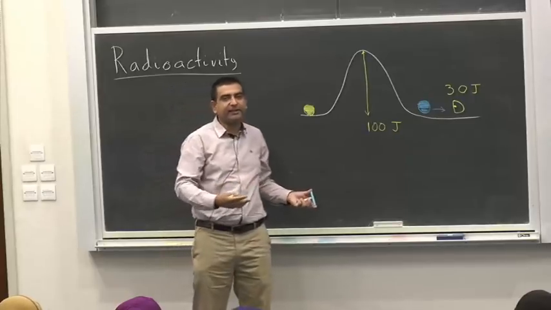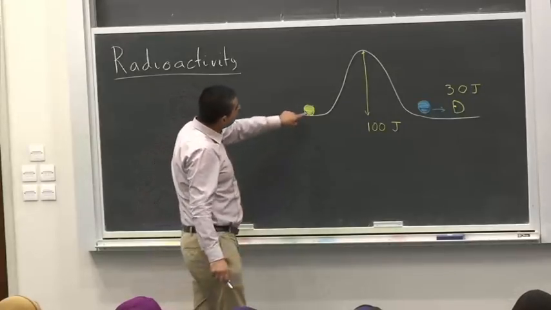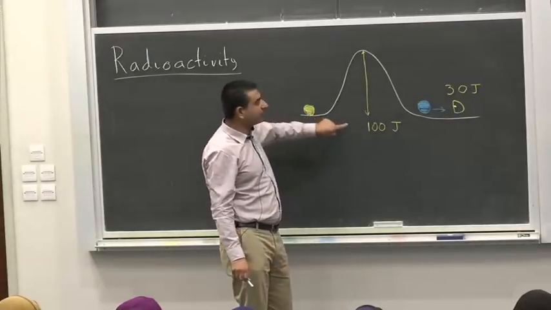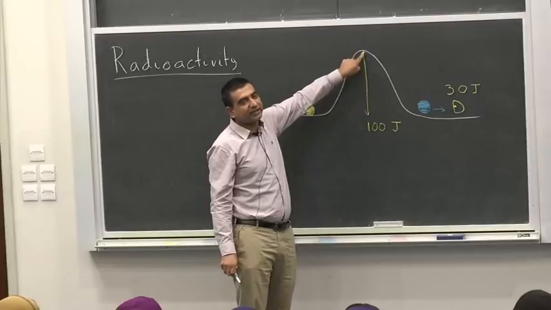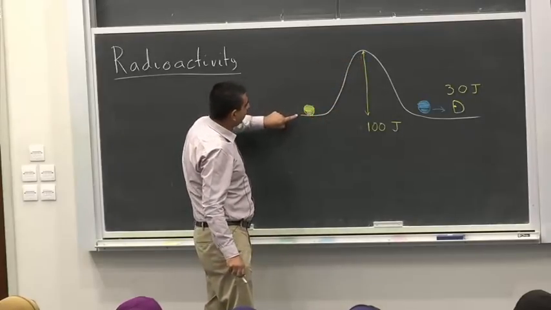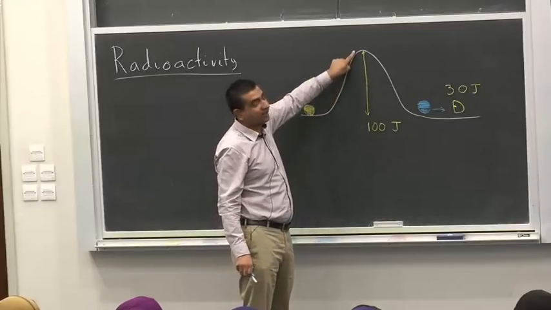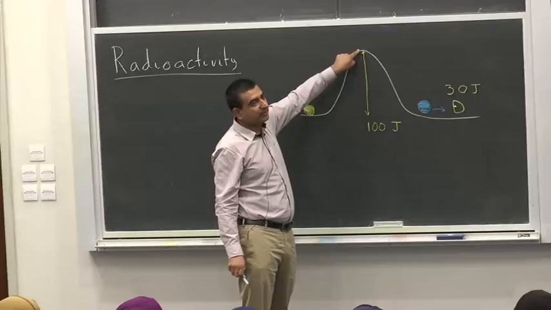Is this classically permissible? No. It's not permissible, because this object must have an energy of at least 100 joules so that it can overcome this barrier. If it has 110 joules, it will go up the barrier, it will spend 100 joules of its energy in going up the barrier.